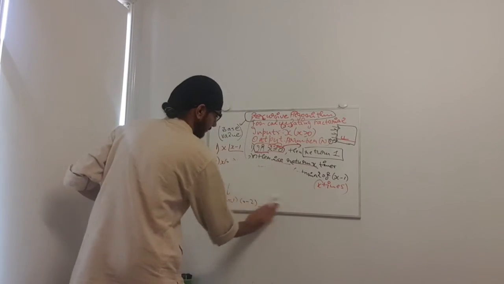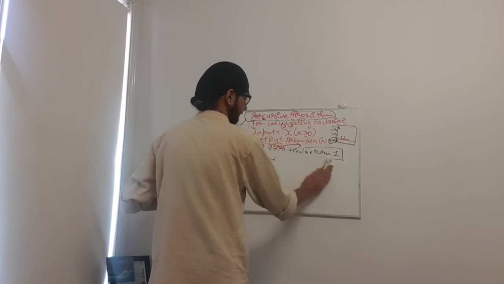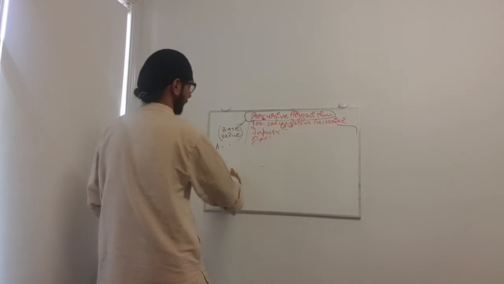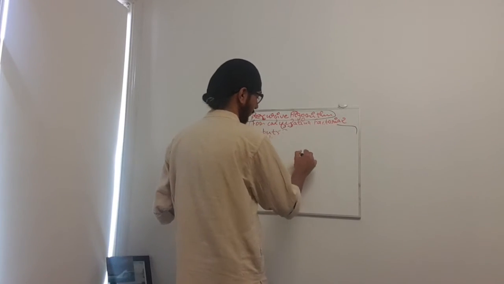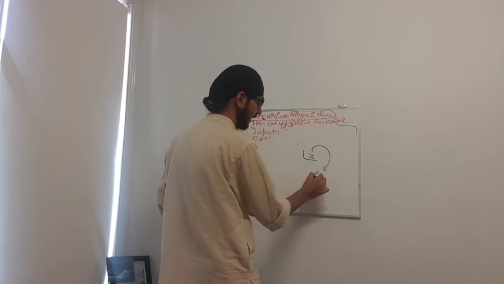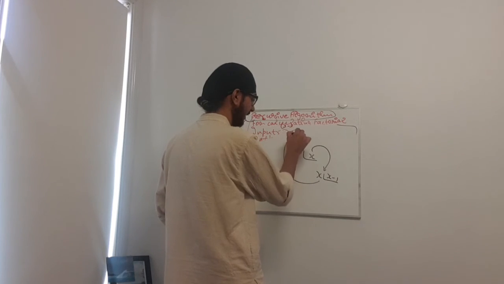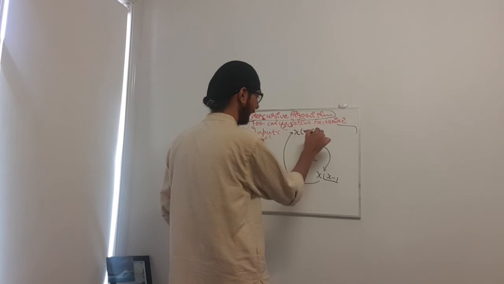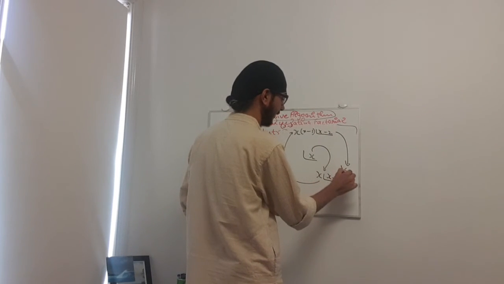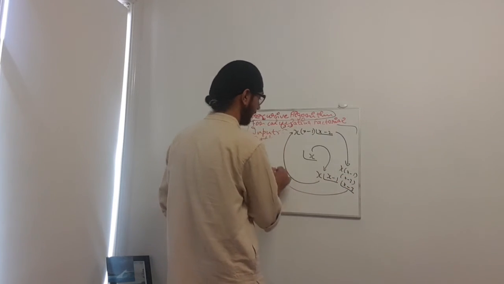How can we represent this in just one picture? Basically, it starts with factorial of x, loops around to x into factorial of x minus 1, again goes back to x into x minus 1 into factorial of x minus 2, again loops to x into x minus 1 into x minus 2 into factorial of x minus 3, again goes back.